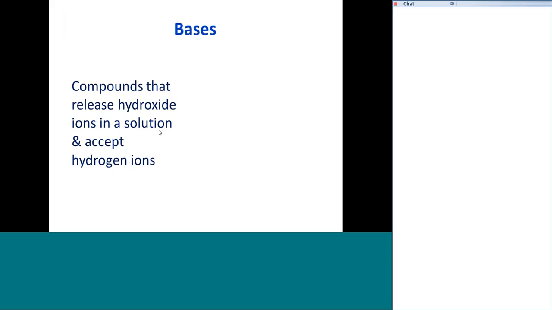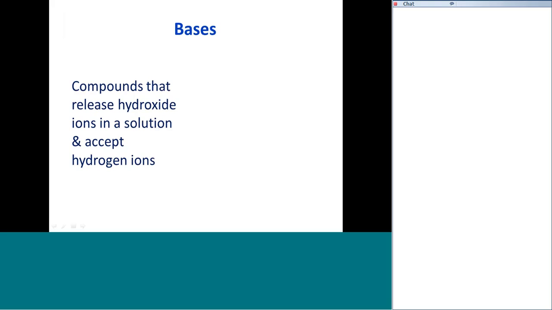Bases are compounds that release hydroxide ions in solution, and they accept hydrogen ions. Hydroxide, you may recall, I'm going to draw. Remember Mickey? Mickey normally has 2 ears, right?